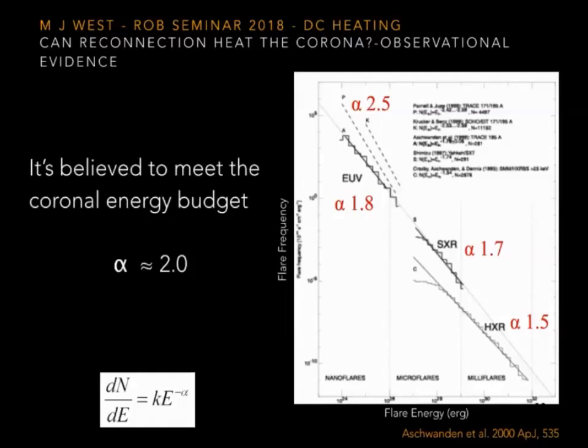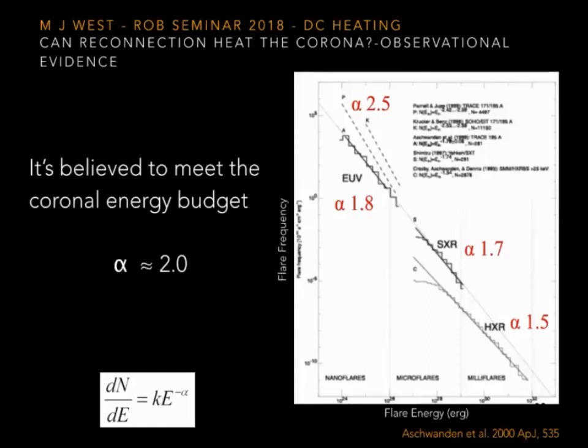Although we don't have observations of nanoflares, what we need is for there to be enough flares in the solar atmosphere to actually heat the corona and the chromosphere. We need this power law to hit a value of around 2. And as you can see from these values here, it's not quite hitting this in the larger flare regime, possibly from some of these EUV observations here.